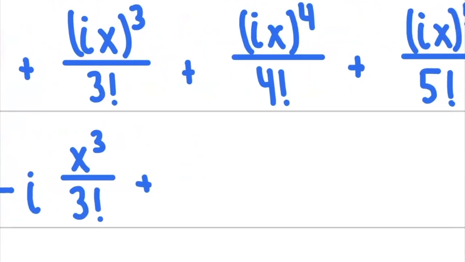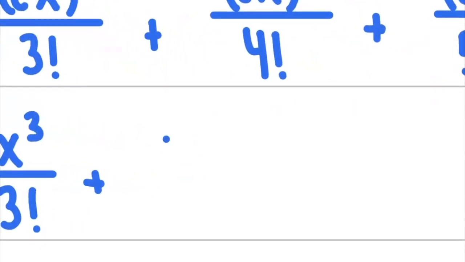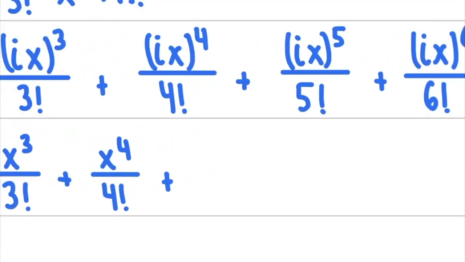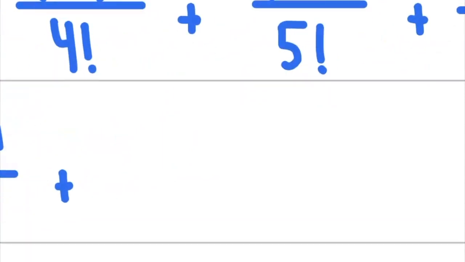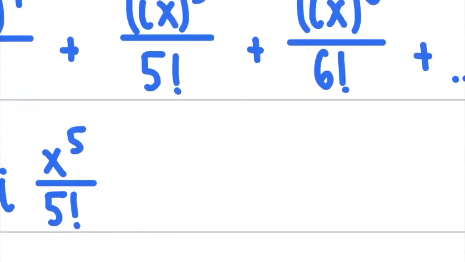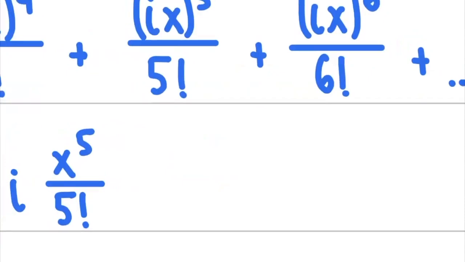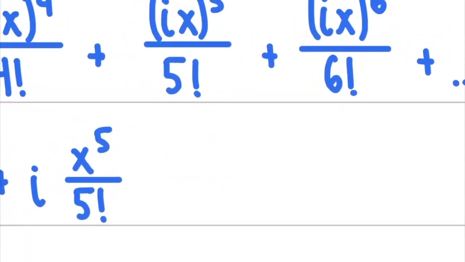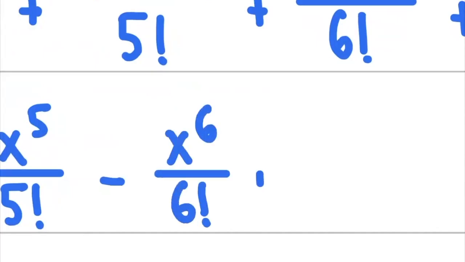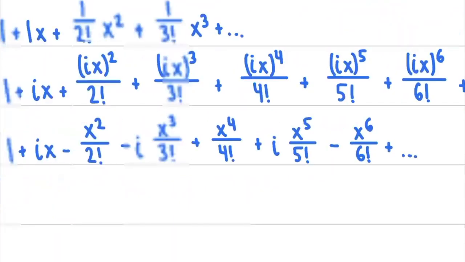And then over here, i to the power 4 is just 1, so that just becomes x to the power 4 over 4 factorial. And then i to the power 5 is just i, so this is i times x to the power 5 over 5 factorial. And i to the power 6 is -1. It's the same thing as i squared, so it's minus x to the power 6 over 6 factorial, and so on.